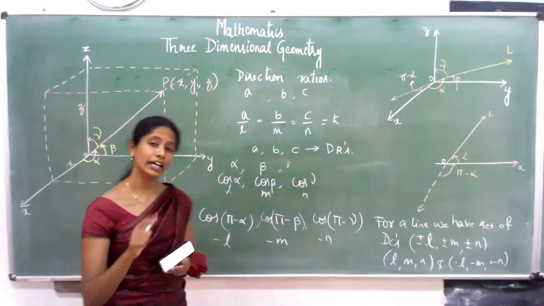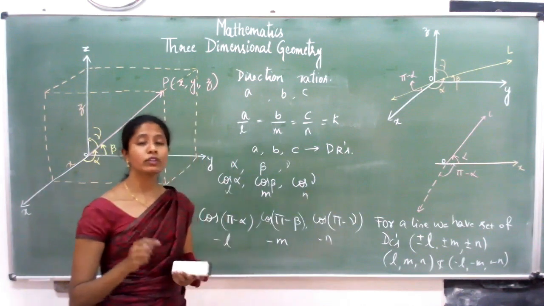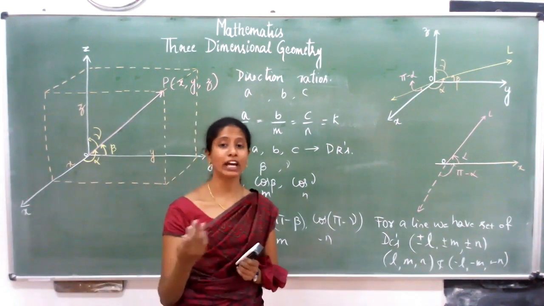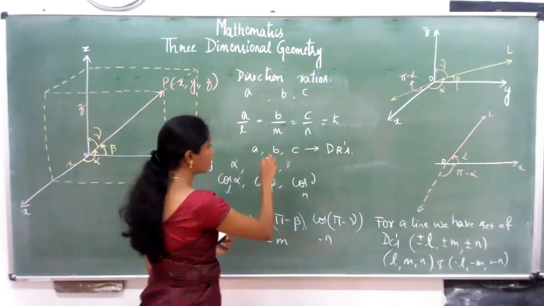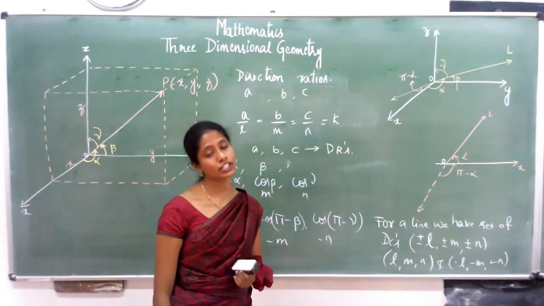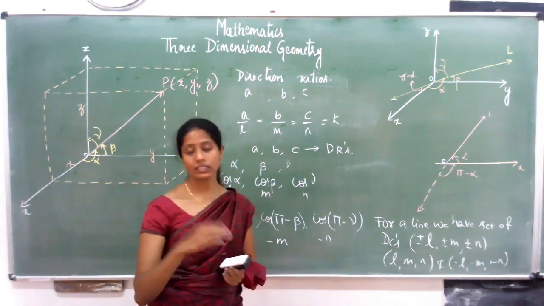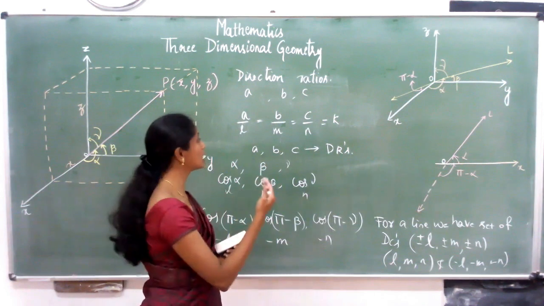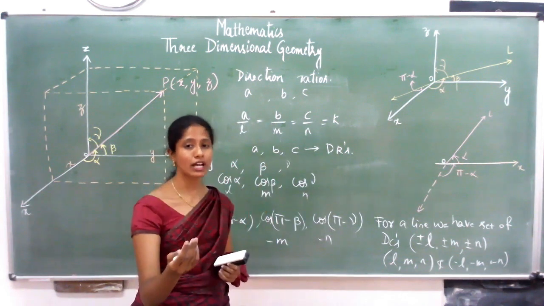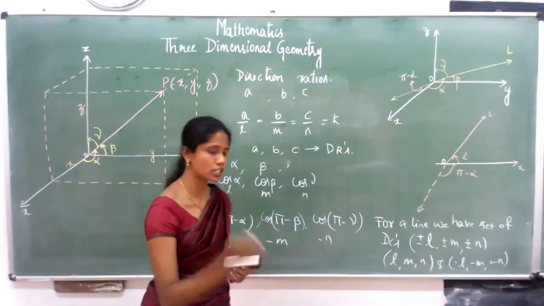For direction cosines we have only one set, but here we have an infinite number of direction ratios. Not only one set of direction ratios, we can have infinite sets. Why? Because the three numbers which are proportional to direction cosines are said to be direction ratios.